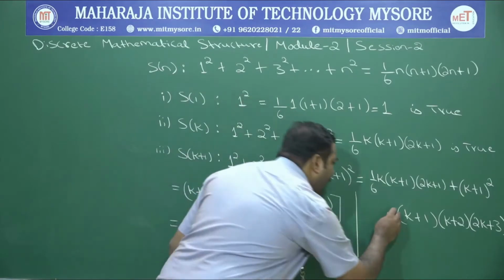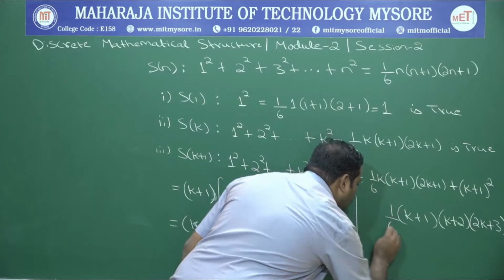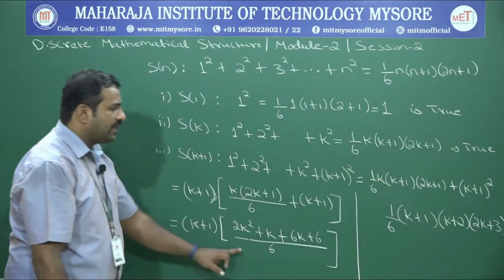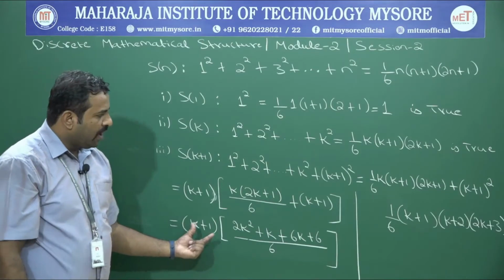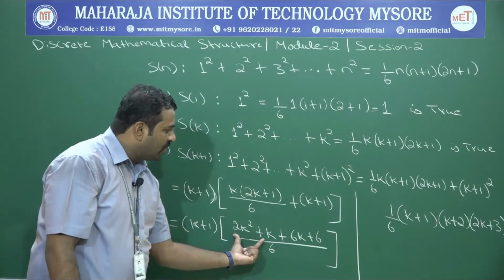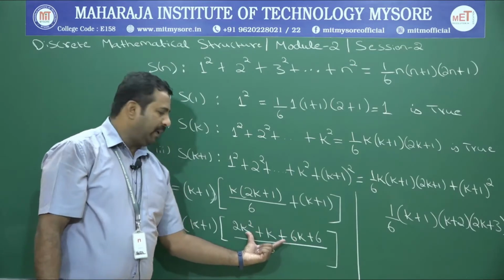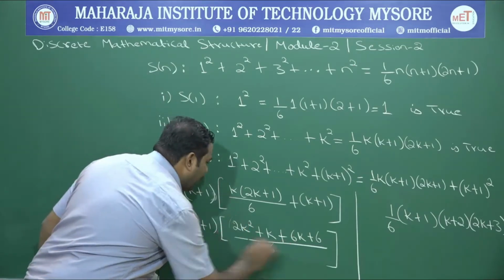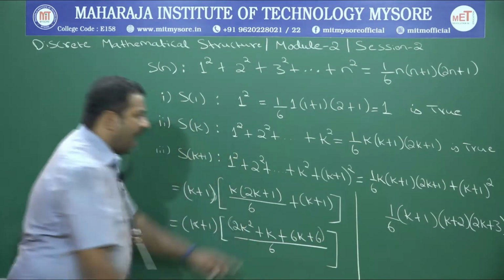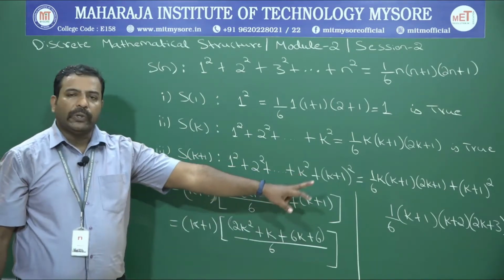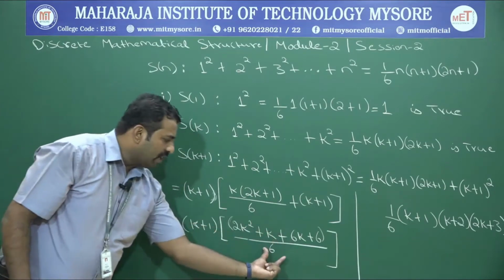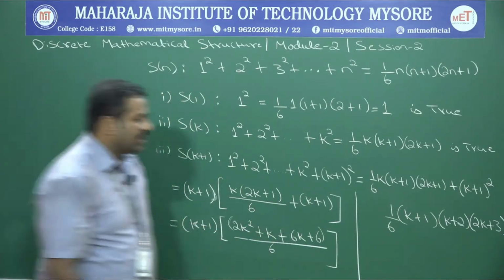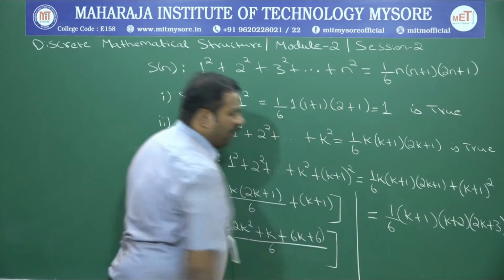Now I am going to take 1 by 6 as common. Now this is k plus 1, and this is k plus 2 into 2k plus 3. This entire thing I have written as k plus 2, 2k plus 3, and this is k plus 1, and I have taken 1 by 6 at the start. And this is going to be the statement now for me.